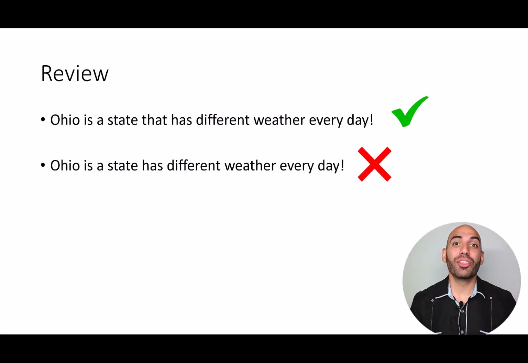Good. The first sentence is good. I use the word that. The second sentence is not good. Why? Because in the first sentence, after the word that, no new subject. I have a verb, has. So I need to keep the word that in the sentence.